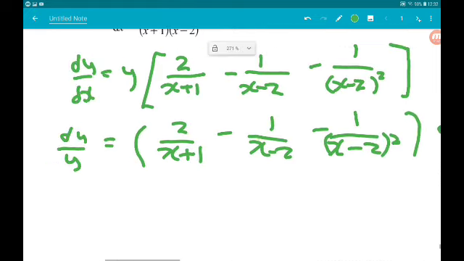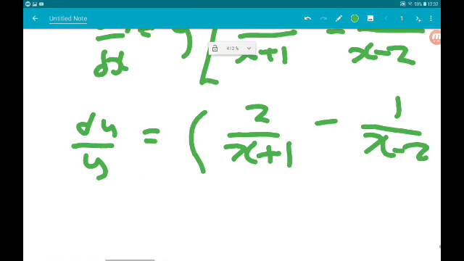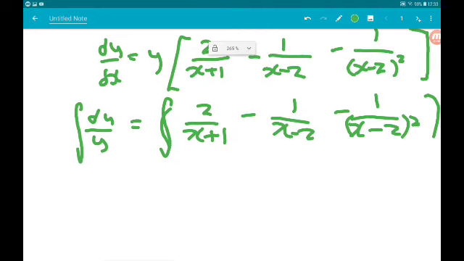Now what we need to do here is integrate both sides. So the integral of dy over y is equal to the integral of the right hand side.